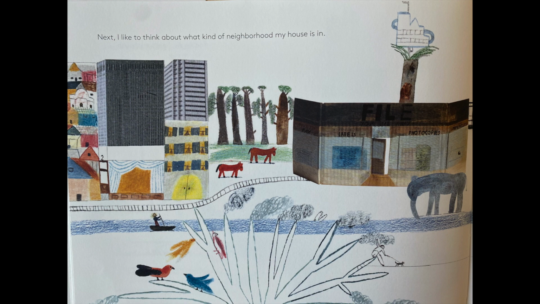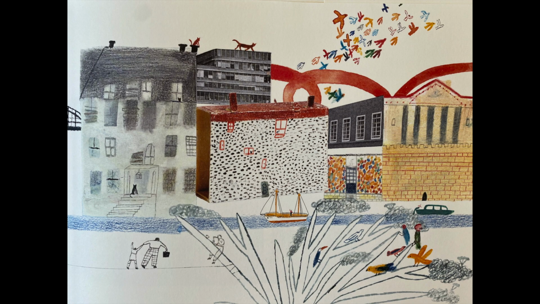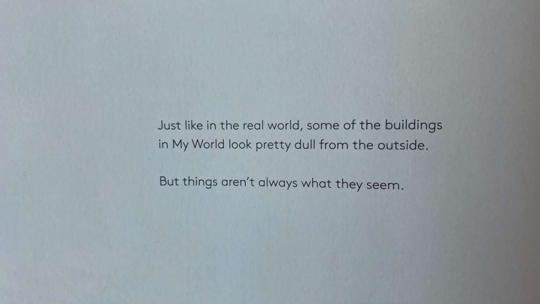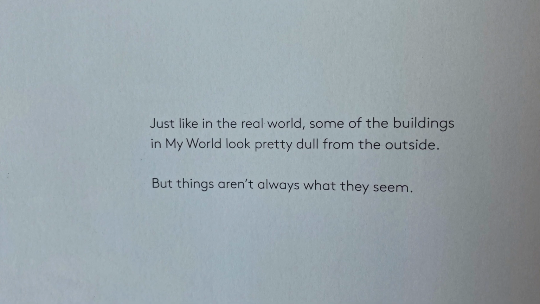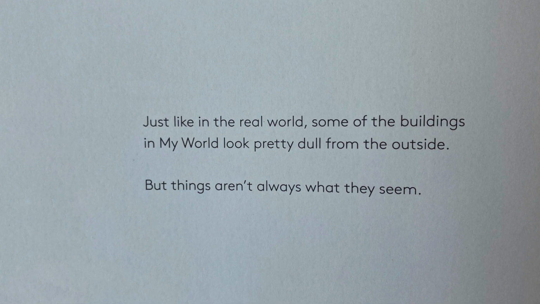Next, I like to think about what kind of neighborhood my house is in. Just like in the real world, some of my buildings in my world look pretty dull from the outside, but things aren't always what they seem.